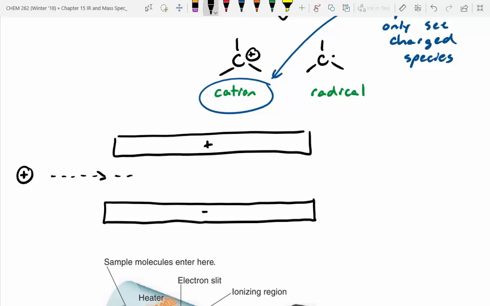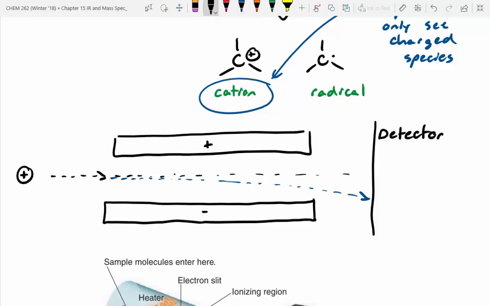And so it'll start to go in, and I'll draw this dashed line, and then we'll actually show the deflection. So we know when it goes in, it's going to start deflecting down a little bit. And then ultimately it's going to hit a detector back here. And what the mass spec does is it essentially measures this distance of deflection.